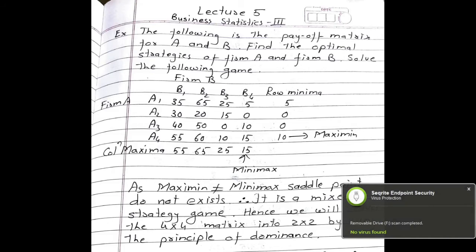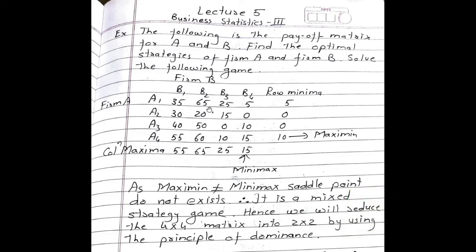So first of all, we will see whether the saddle point exists or not, for which we will write row minima at the right hand side of the table: 35, 65, 25, 5. The minimum value is 5. 30, 20, 15, 0.